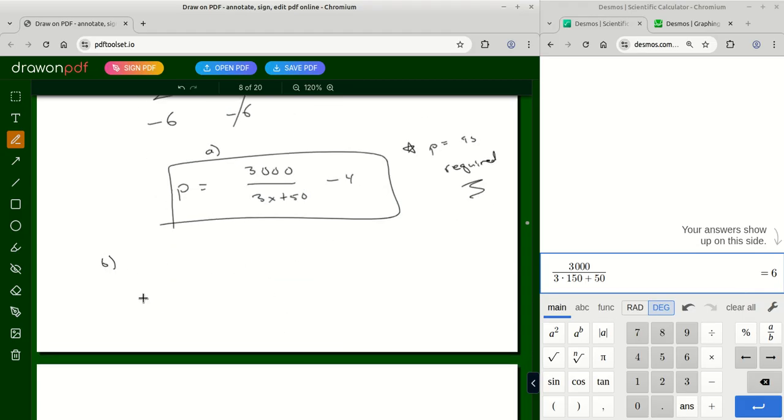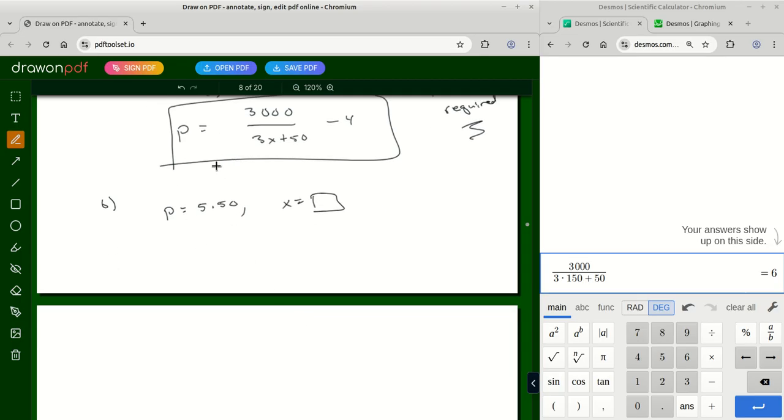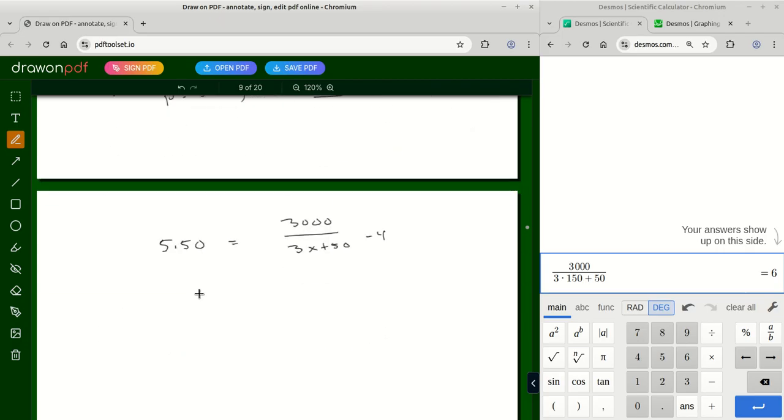For part B, they say find the demand for price equals $5.50. So P equals 5.50. They say find demand, as in X equals something basically. Well, that's just you solve. And so you're saying, there's my formula. $5.50 is equal to all this stuff here, solve for X. This is not hard, right? Move the 4 over.